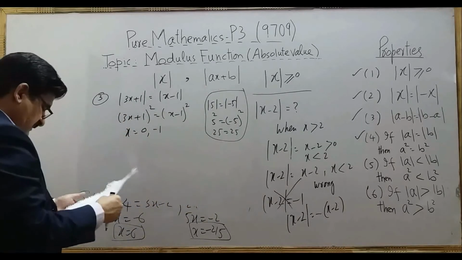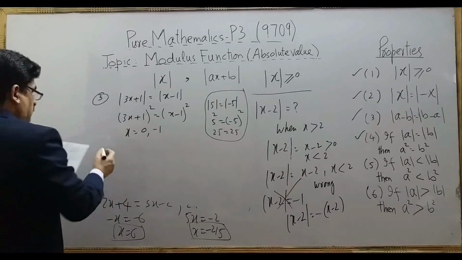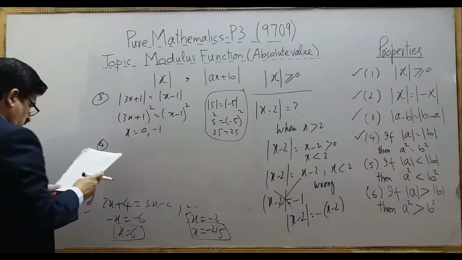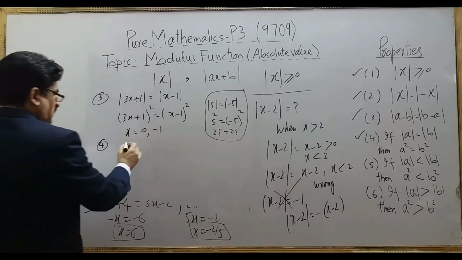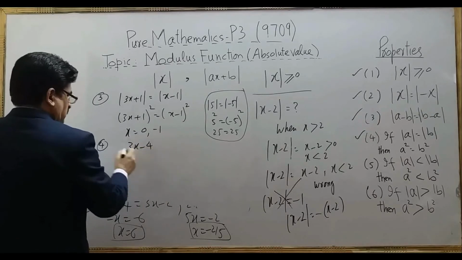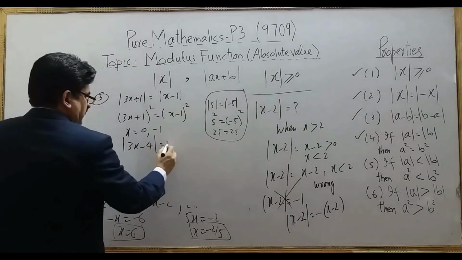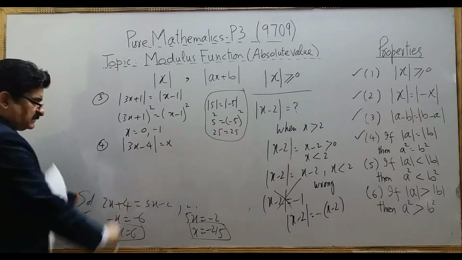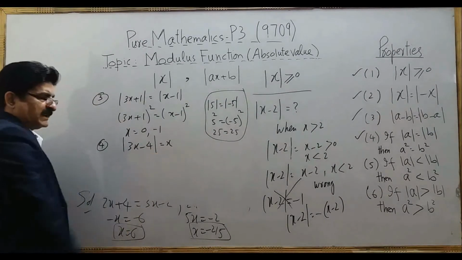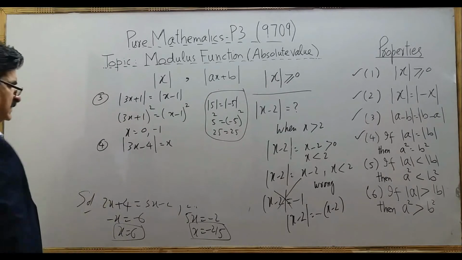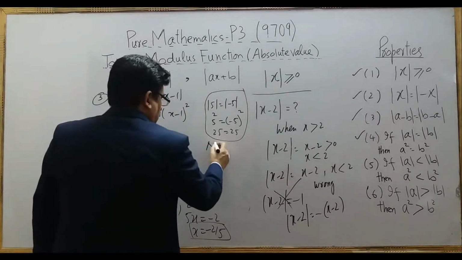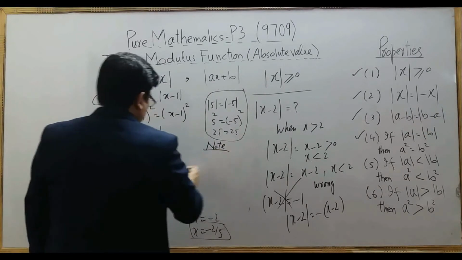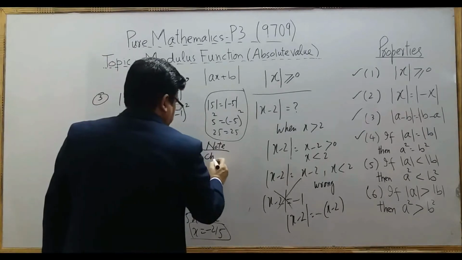Our next example is example number 4. Now you will see a change. Note that there is modulus on one side, there is no modulus on the other side. This is very important. So here you have to keep in mind that after solving, checking is compulsory.